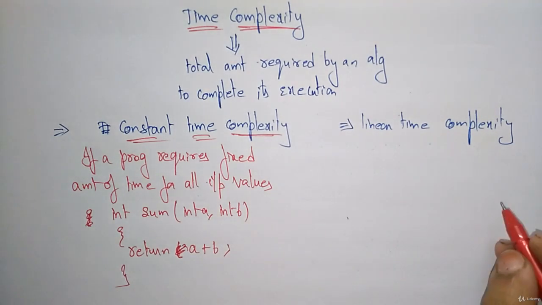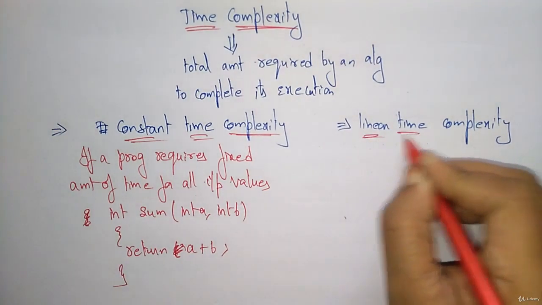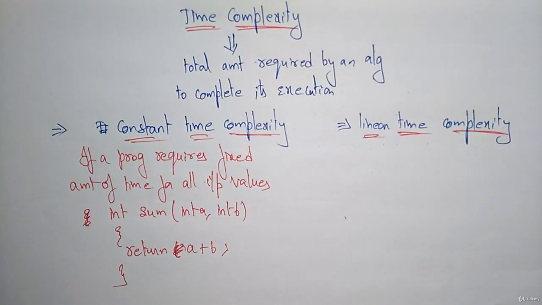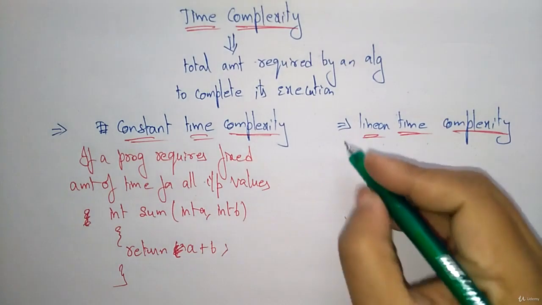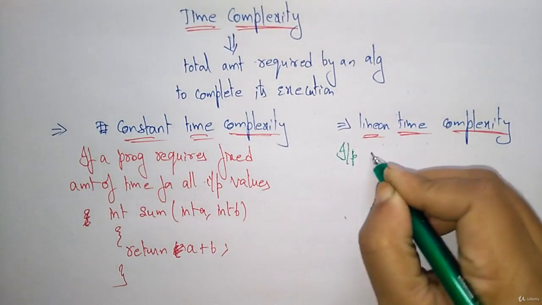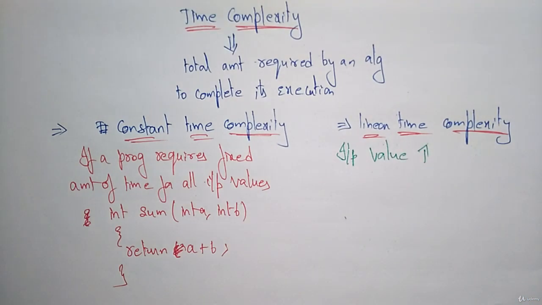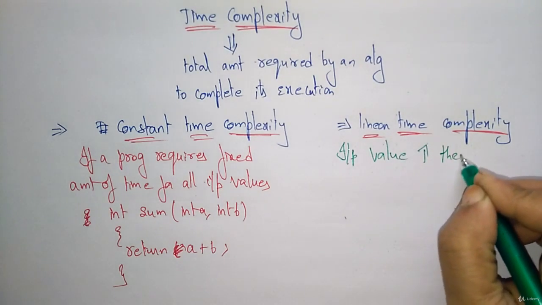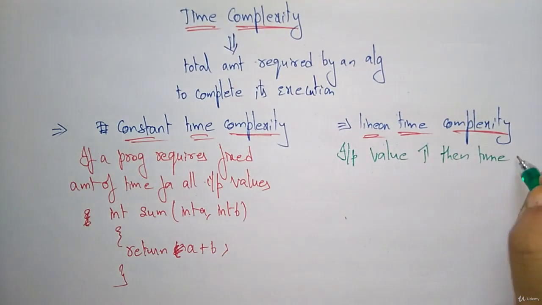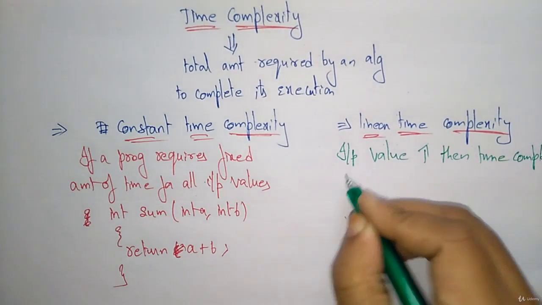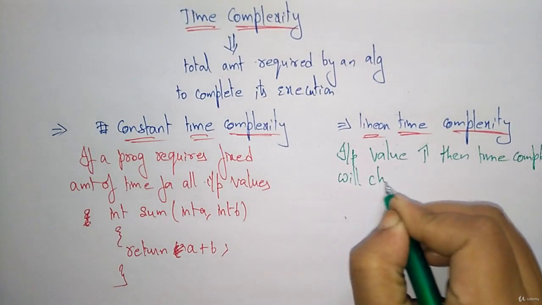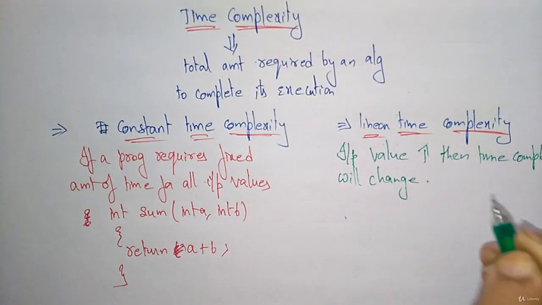So now coming to the linear time complexity. So what is this linear time complexity? If input values are increasing, means if you are using more input values, then the time complexity will change. Obviously, in the space complexity, if you are using more values, the space will be occupied more.